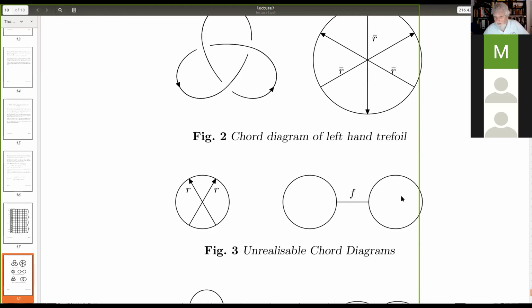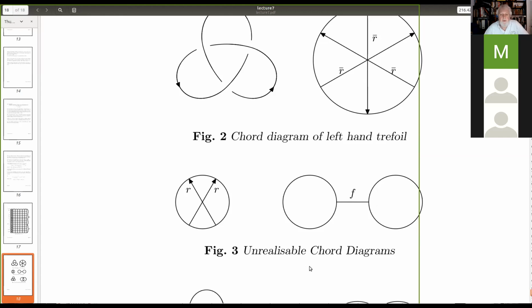The same thing here: this is a knot with two components, and they're joined. I haven't bothered to put an arrow in here. It could do, but it's a flat crossing, and once again, it can't be done.